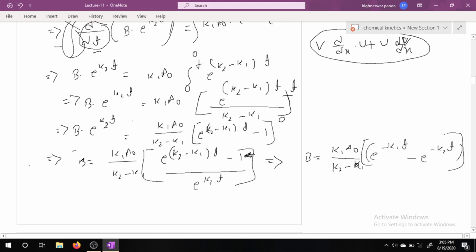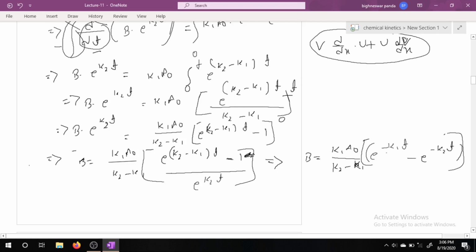Simply look here: e to the power k2 minus k1 t divided by e to the power k2t, the k2t cancel with each other, so it remains e to the power minus k1t, and 1 by e to the power k2t. If I take e to the power k2t above, then I get e to the power minus k2t.